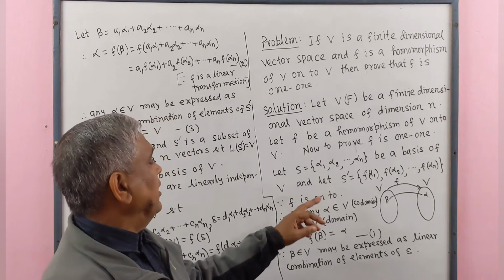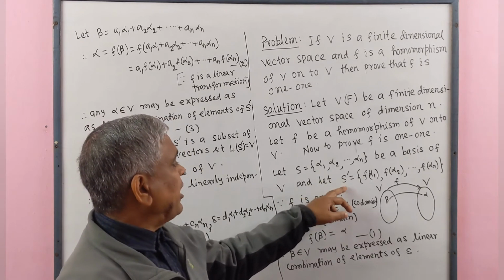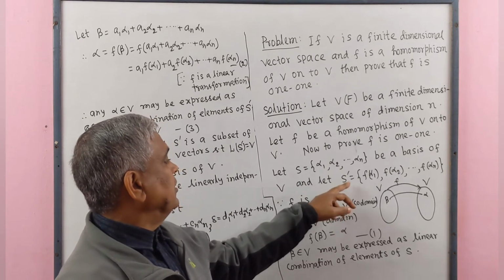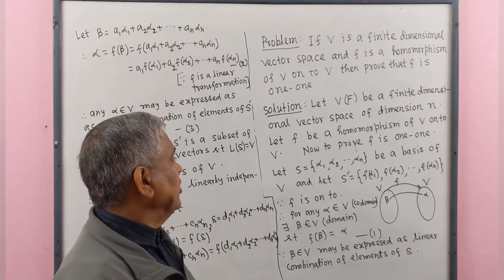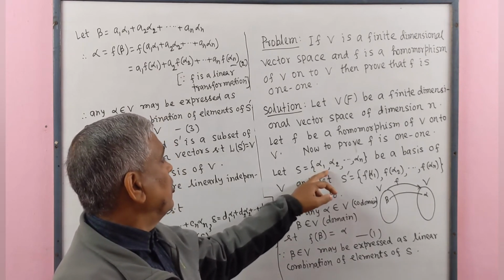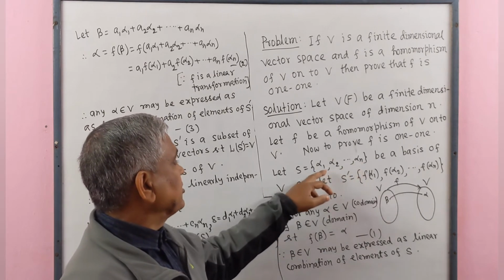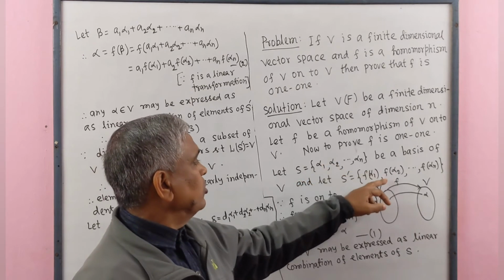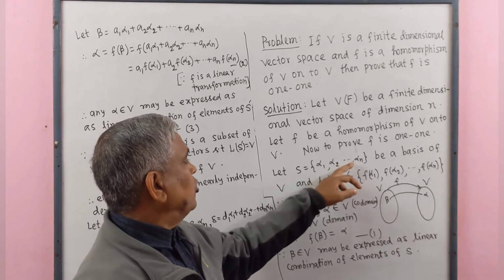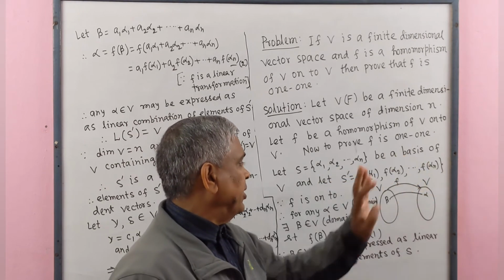And let S prime be a set containing the images of these vectors: f alpha 1, f alpha 2, ..., f alpha n.